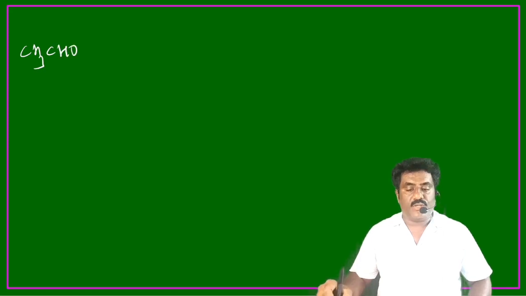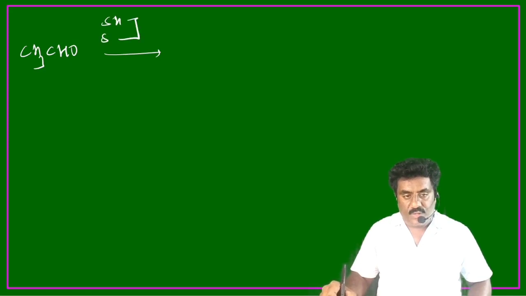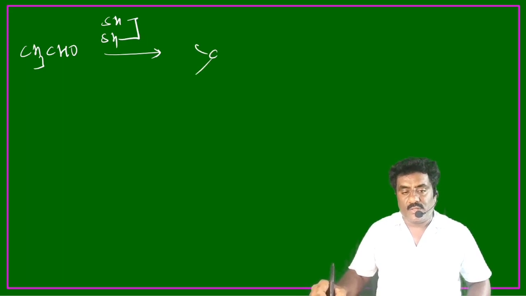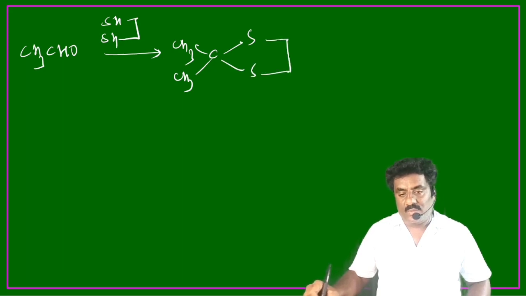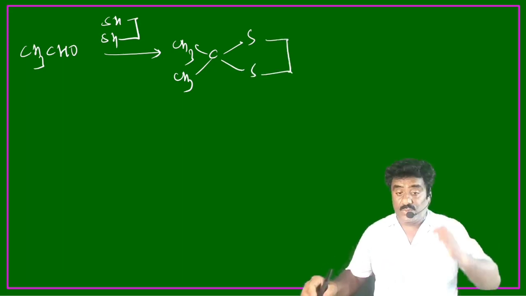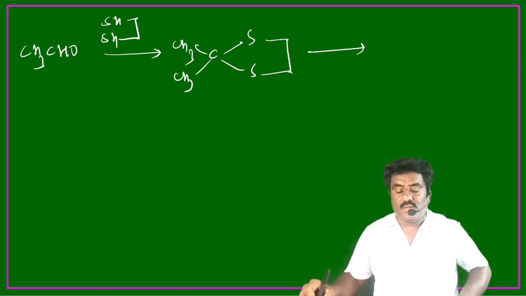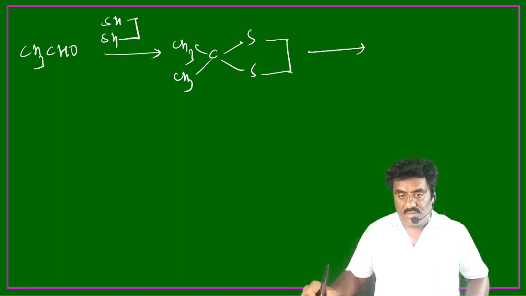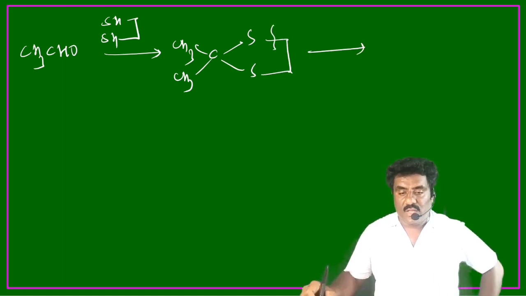See, CH3CHO in the presence of thiols, SH and SH, what does it give? See, CH3 CH with S and S forms a CH2. So it is a reduction, meaning cleavage of the bond and addition of hydrogen.